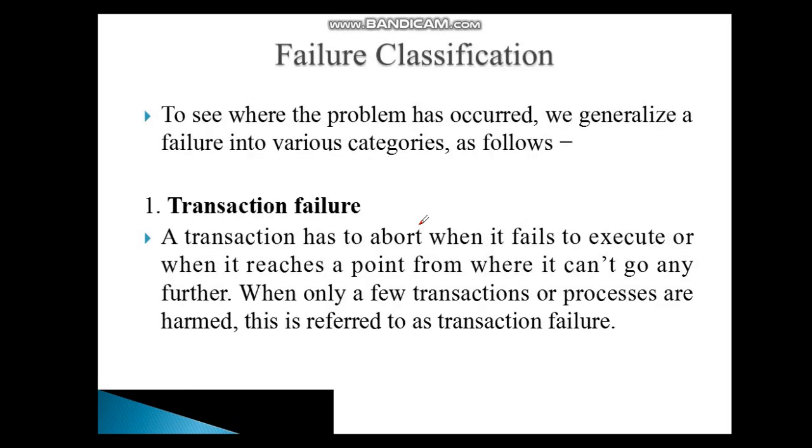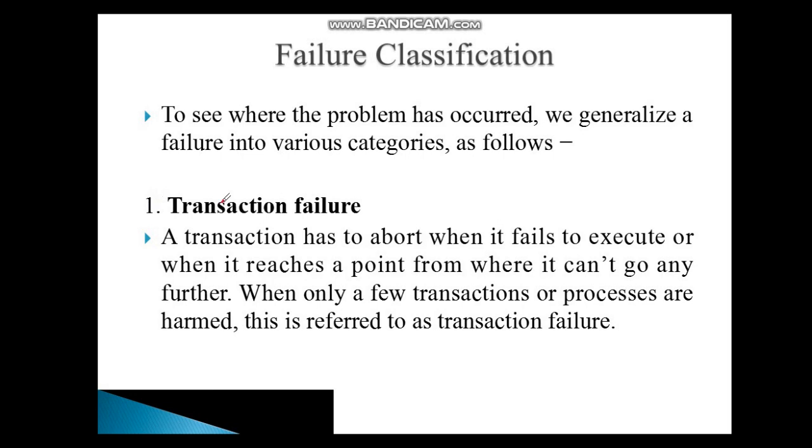So this is crash recovery. Now let us understand the types of failures, the failure classification. Since we are studying crash recovery, we must also understand what the types of failures can be. To see where the problem has occurred, we generalize a failure into various categories as follows.